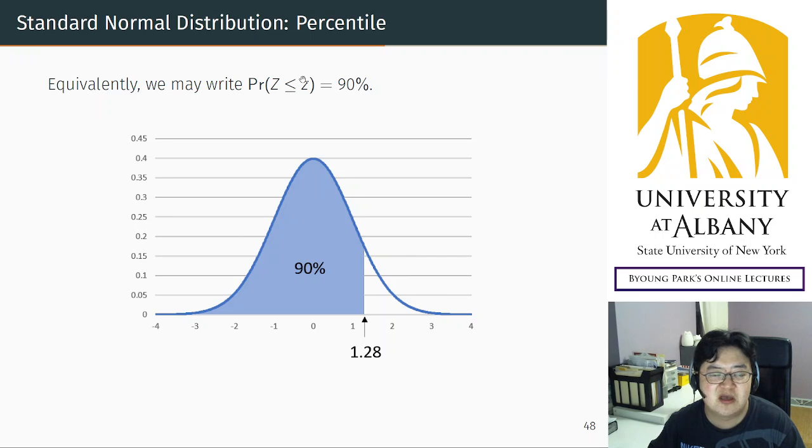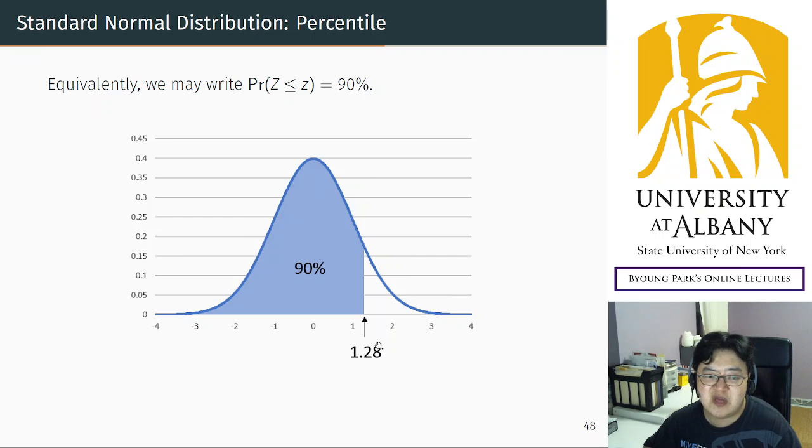Turn the probability inequality to the other side so that probability smaller than the value is 90%. So when you find top 10%, you actually have to use the 90th percentile, because percentiles are calculated based on the cumulative probability. So probability from negative infinity up to this point is 90%.